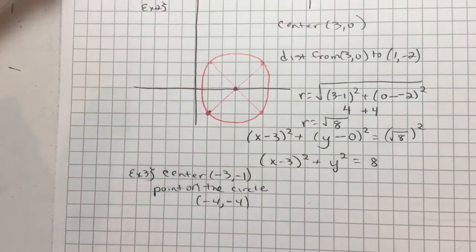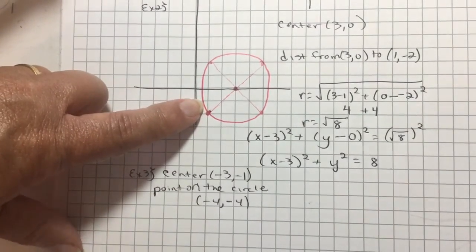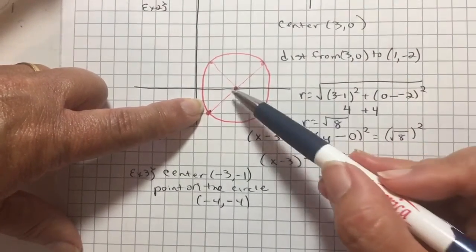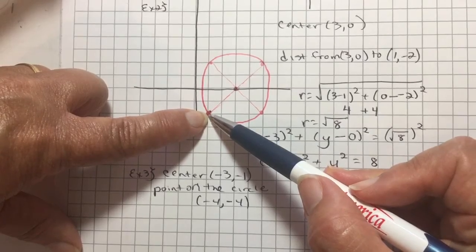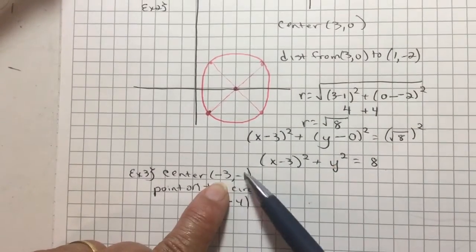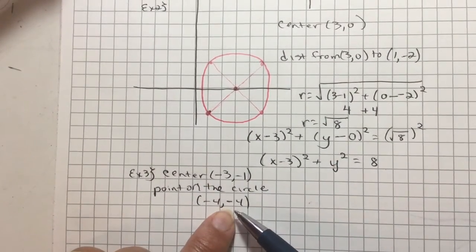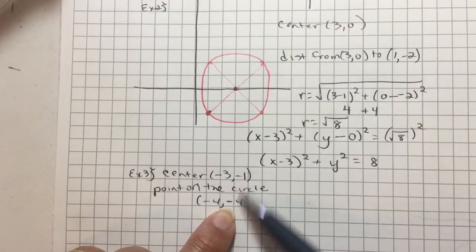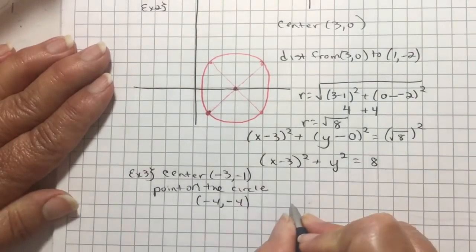Now, that's actually what we just did in example 2, but in example 2, it was drawn. Here's your center, and here's a point on the circle. So there's the center. For the point, you're going to have to figure out the distance between these two in order to get the radius.